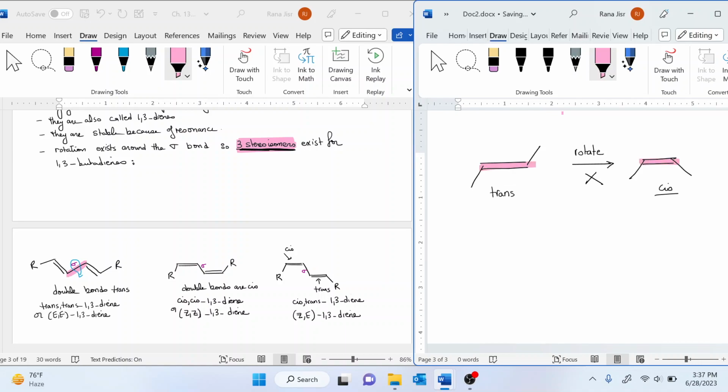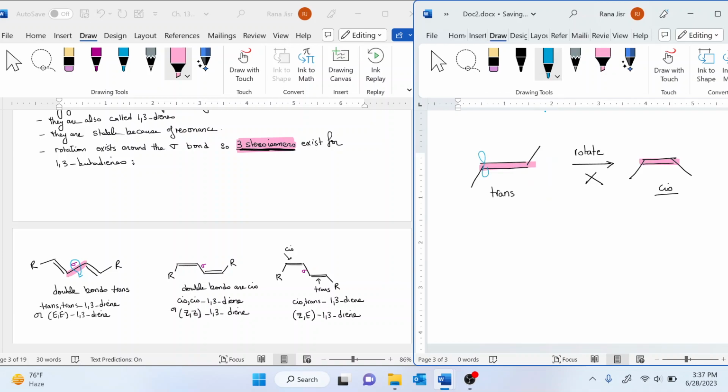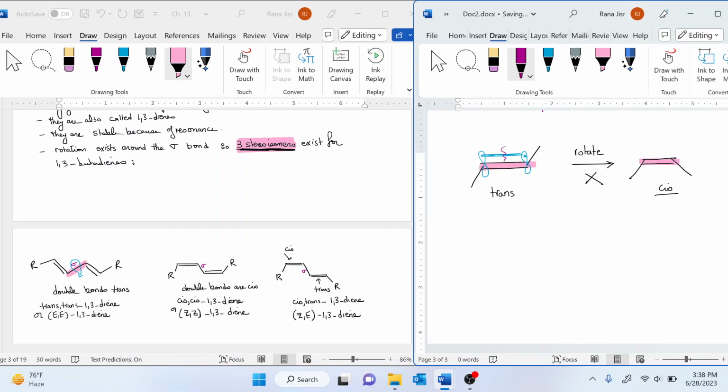A pi bond has two p orbitals as we were discussing, and these two p orbitals overlap with each other. If you wish to change from cis to trans, you have to break the pi bond, twist the molecule so that you can rotate this carbon and make it cis.